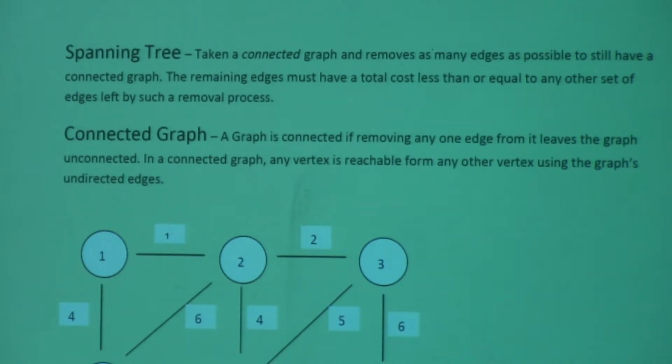And that always means n minus 1 edges for n vertices. But a minimum spanning tree, when there's a weight corresponding to the edges, means that the remaining edges have the lowest cost. There cannot be any other subset of n minus 1 edges that produces a lower cost.